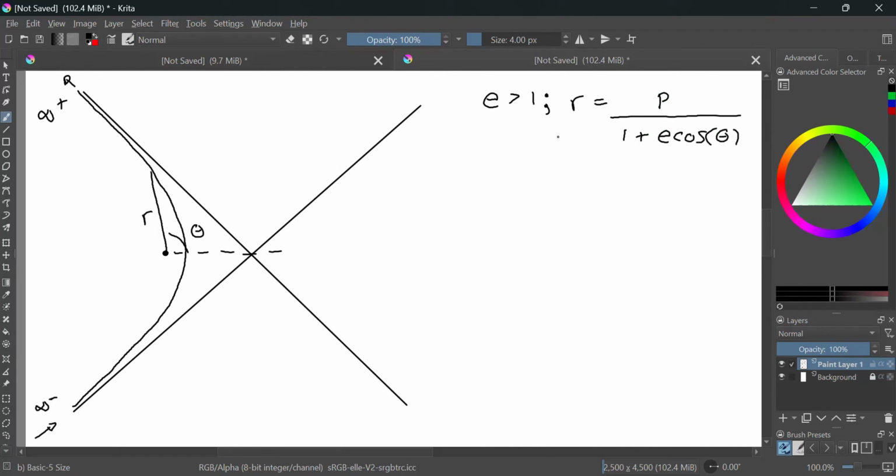So if we were to extract our denominator, and we find out, okay, at what point does it become 0? Said another way, at what angle does our orbiting body leave our host body?